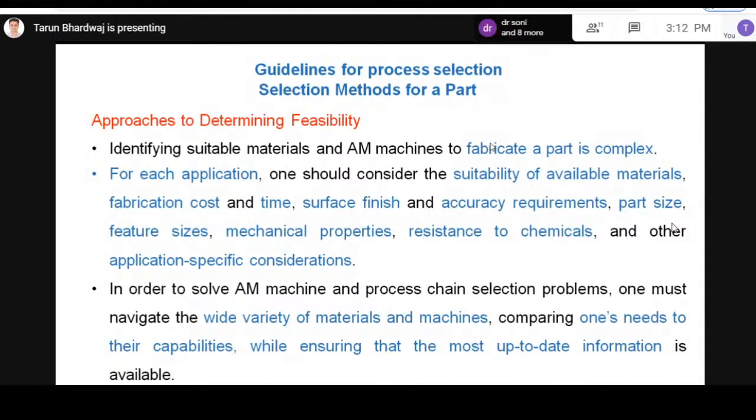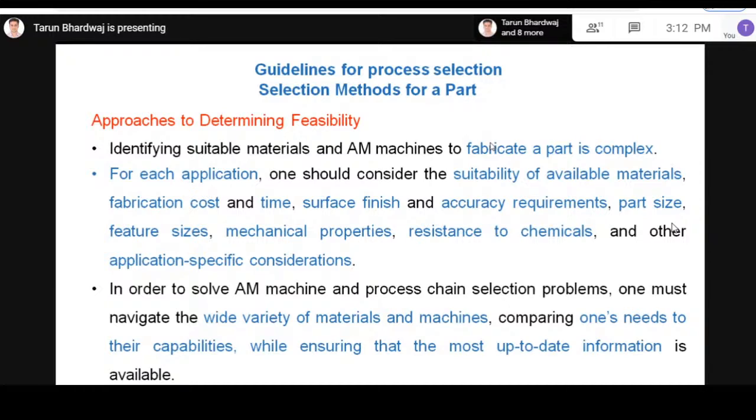The main advantage of this particular process is complexity, but also customization. Suppose somebody meets an accident and requires an implant in the body, you can fabricate a tibia or a femur, whatever you require, by the 3D manufacturing process, and it will be highly accurate.